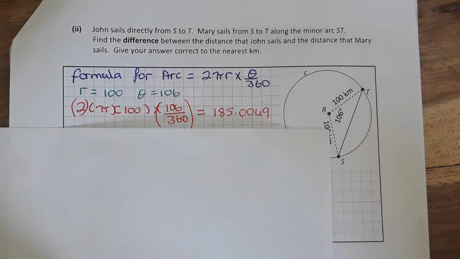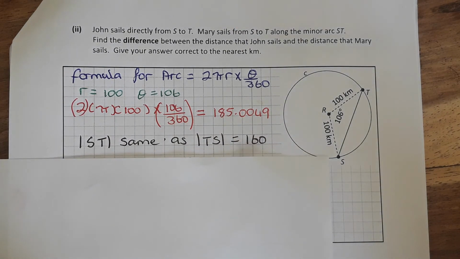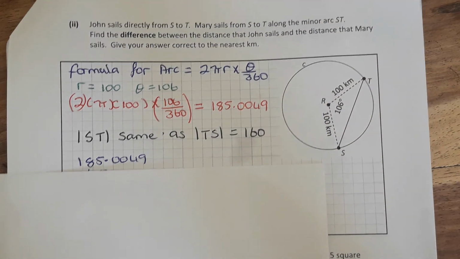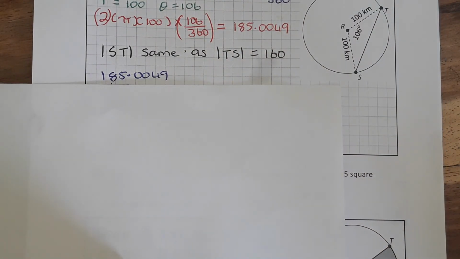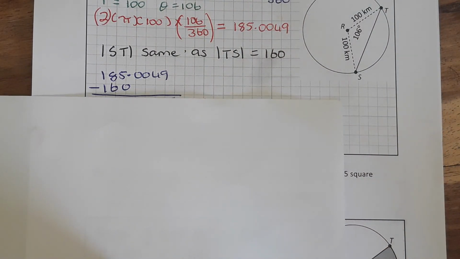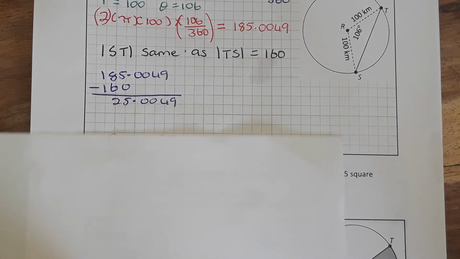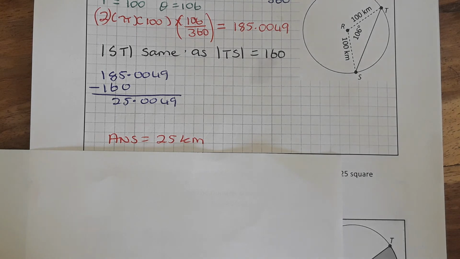So that's how far she travelled. ST is the same as TS, which we already figured out was 160. So 185.0049 subtract 160, and you get 25.0049. You want it to the nearest kilometre, so that's 25 kilometres.